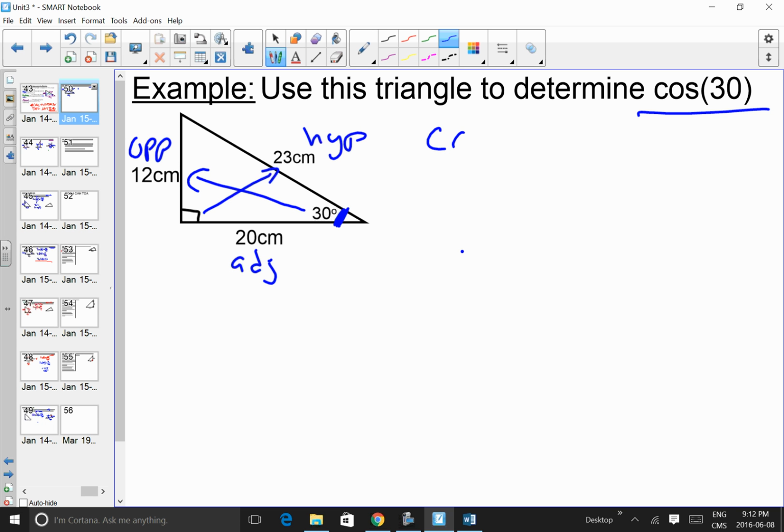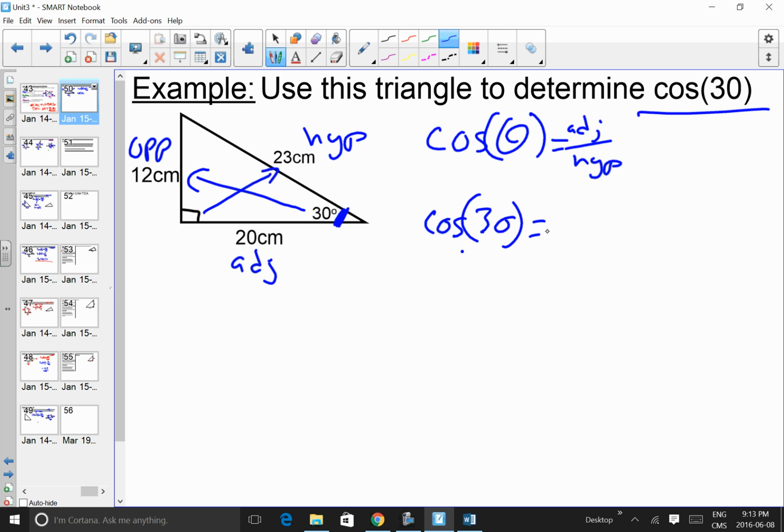So write down my formula. Cosine of some angle is adjacent over hypotenuse. Sub in my numbers. Cosine of 30 is my adjacent side, which was 20, divided by my hypotenuse, which was 23.